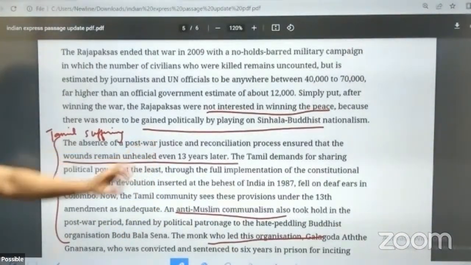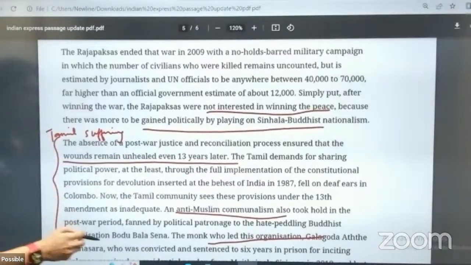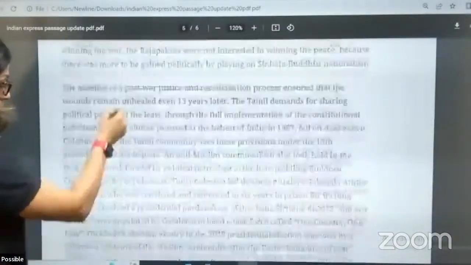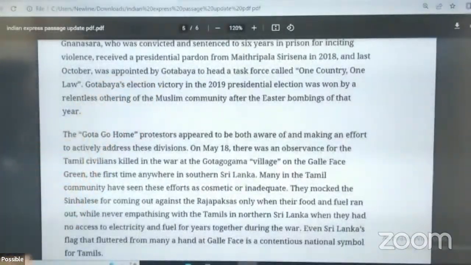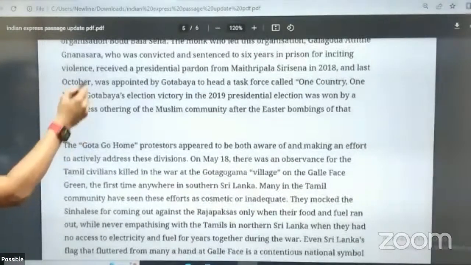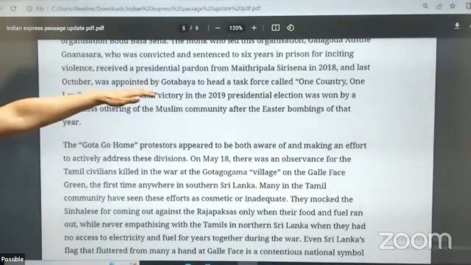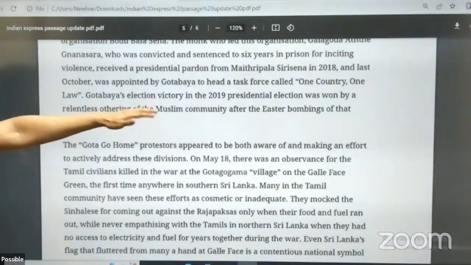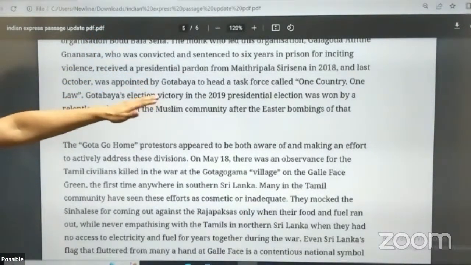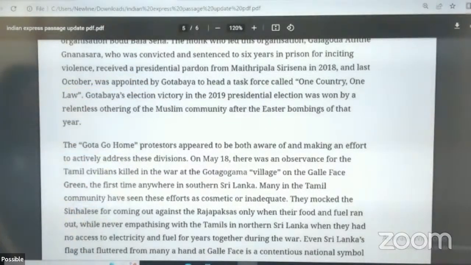There were other minorities also suffering. So all this history the author is talking about. Not just was that leader sentenced, but the author talks about the history where he was let off and the current president appointed that leader in a major political role. So all this I think you have read.